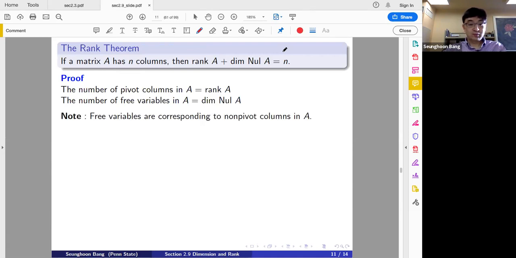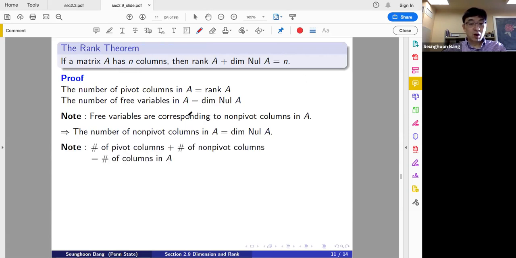The free variables correspond to non-pivot columns in A, right? So the number of non-pivot columns of A is exactly the dimension of the null space of A.